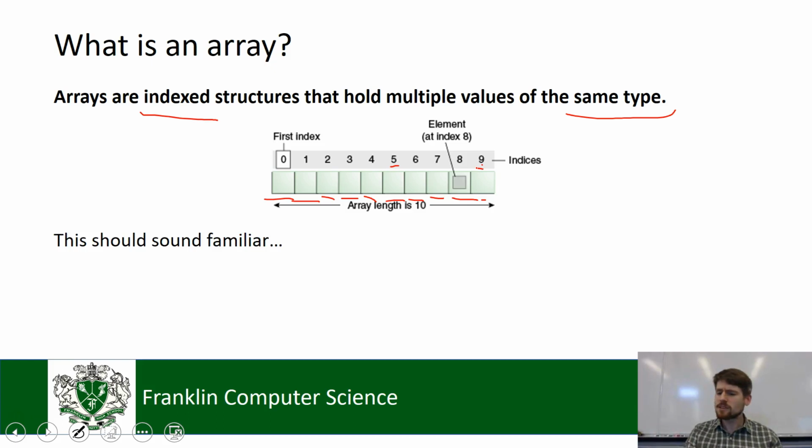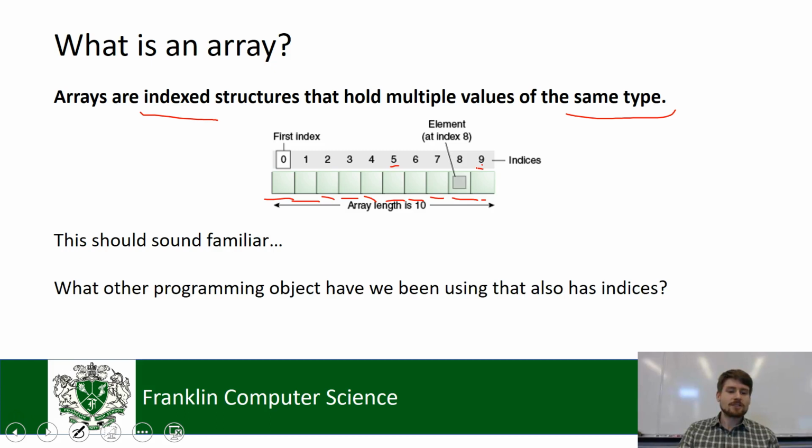This should sound a little bit familiar. We've been dealing with stuff this last couple weeks where we've been looking at an indexed structure that holds multiple values of the same type already. What can you think of that has a bunch of things at indexes that are all the same kind of thing?